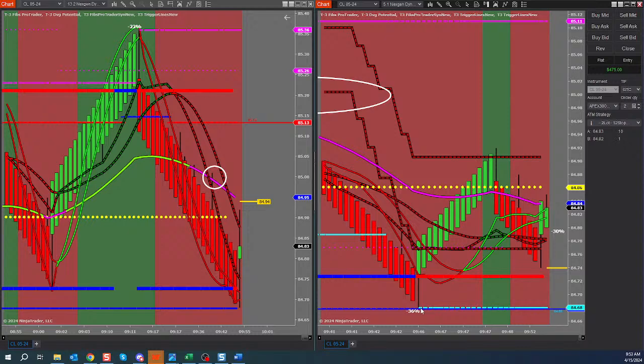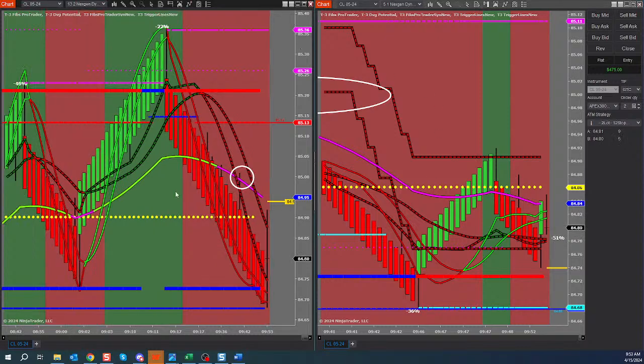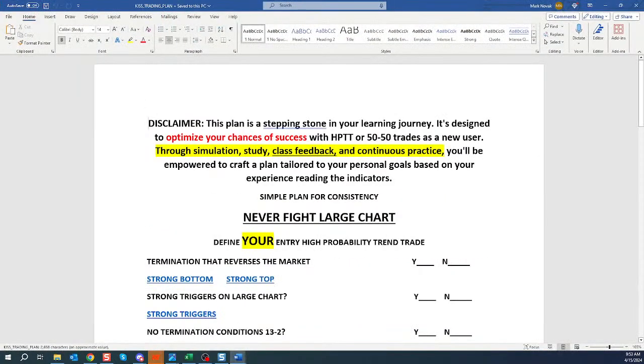So for you guys that are brand new, we're going to piece together 3 different looks, and we're going to turn those into a trade because of the advantages they provide. And you're going to do that with the KISS plan. This KISS plan is a stepping stone in your learning journey.